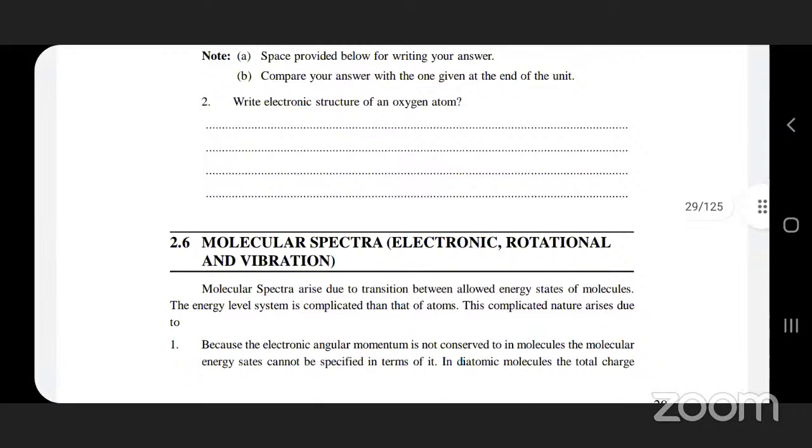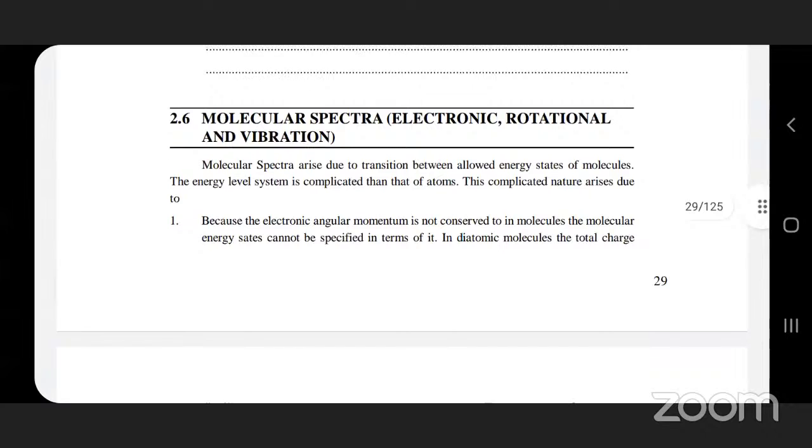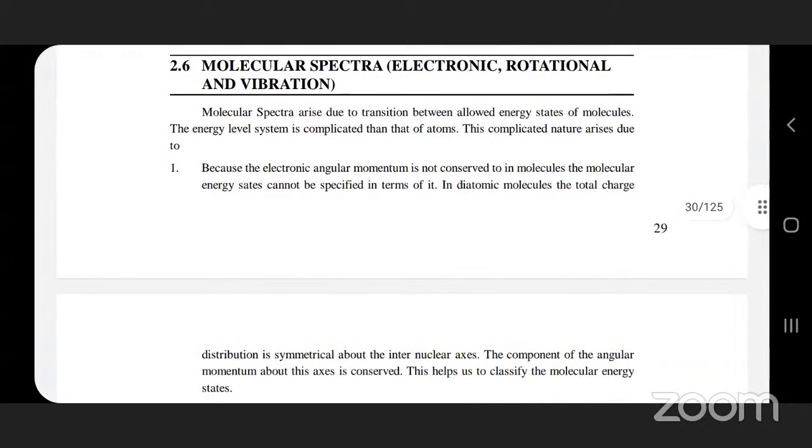Molecular spectra include electronic, rotational, as well as vibrational spectra, and how transitions occur between allowed energy states of these molecules. You need to know that the electronic angular momentum is not conserved here.